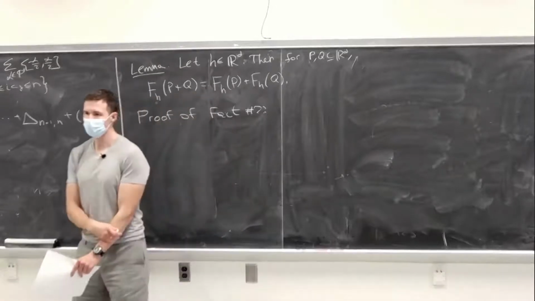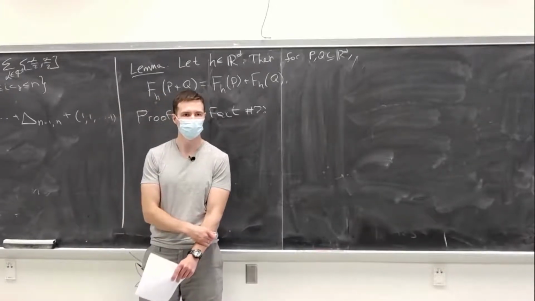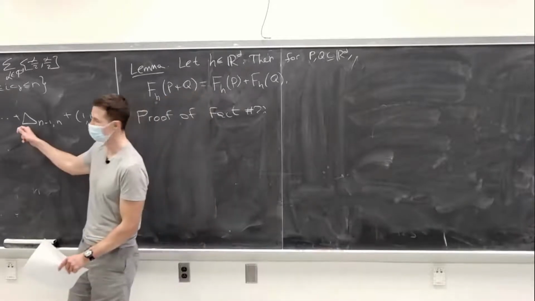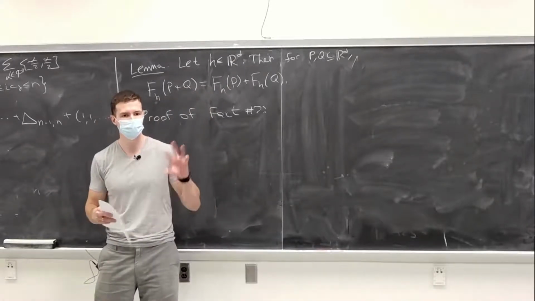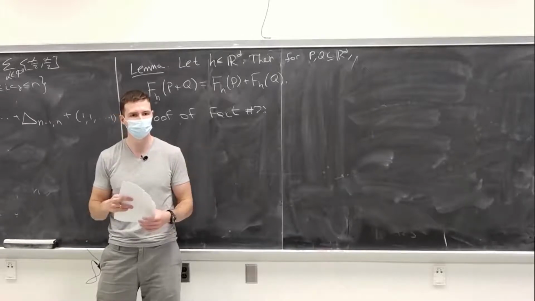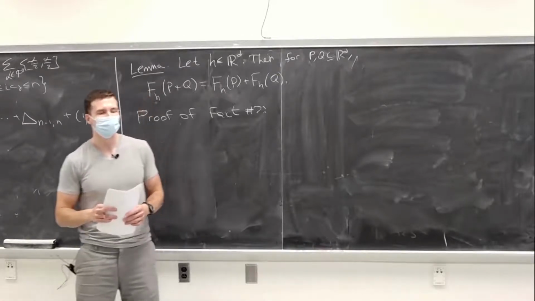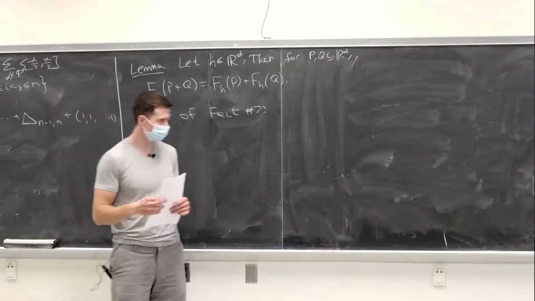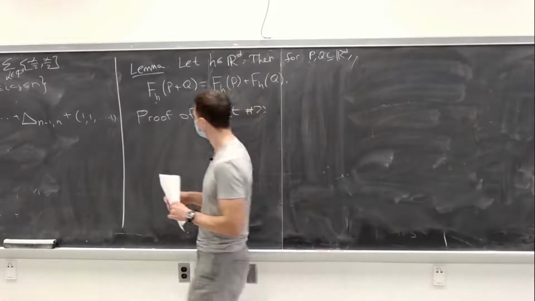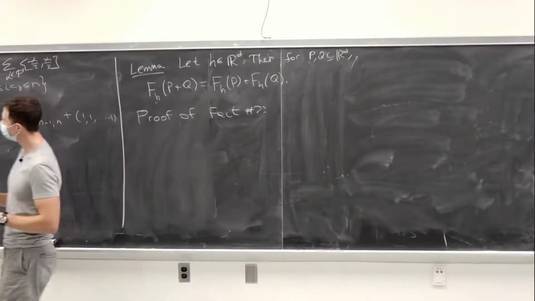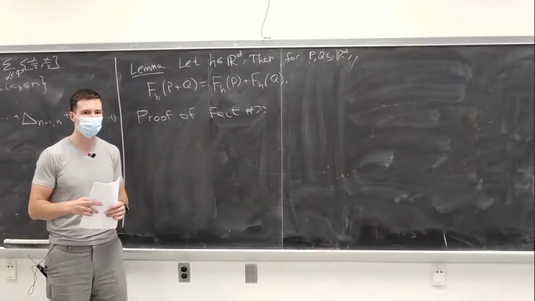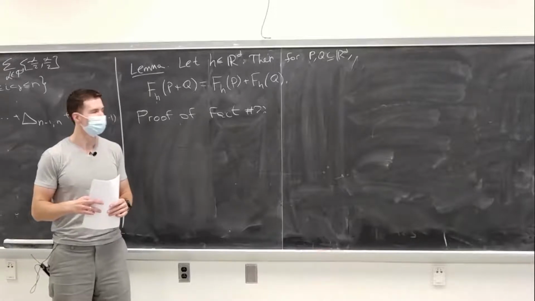Wait, say it again. You know the vertices of Pn. Wait, that's for the hypersimplex, right? For Pn, it was permutations of 1, 2, 3, all the way up to n. Oh, okay. So you want to take the face of the Permutohedron corresponding to the h vector of the form 0, 0, 0, 1, 1, 1, 1, 1? Oh, okay.